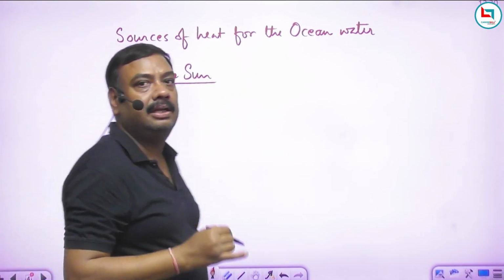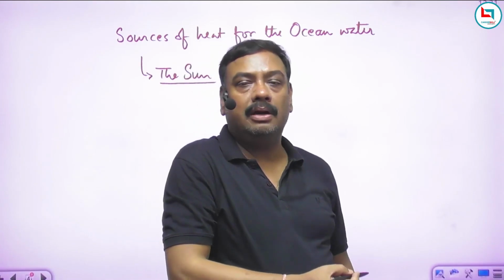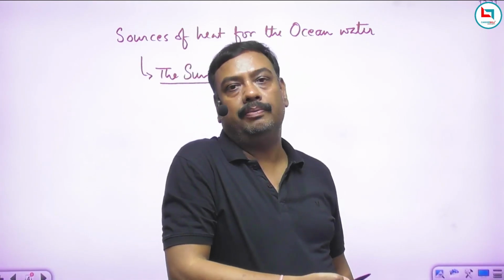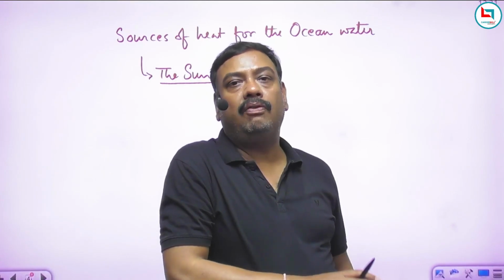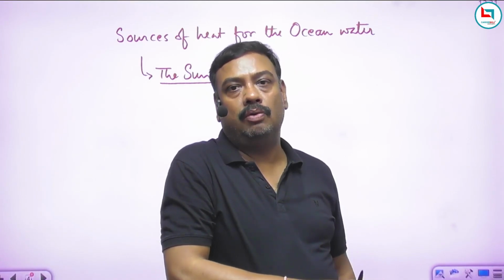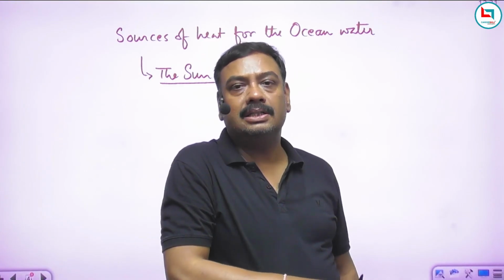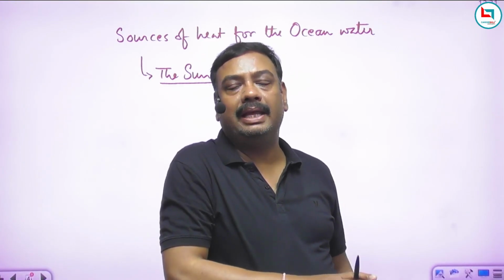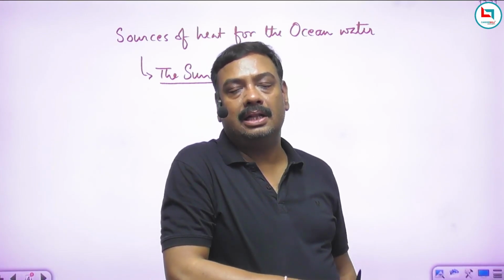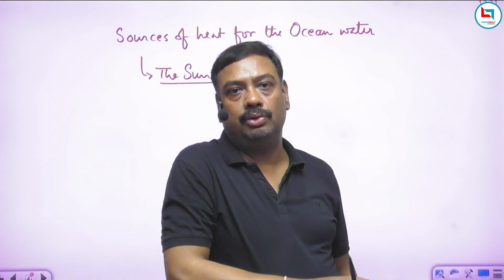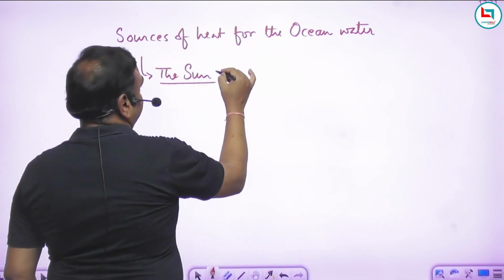When we talk about the degree of hotness and coldness of the ocean water on the basis of the amount of heat that is stored in it, it tells us about the temperature of the ocean water. So the major source is always the sun.